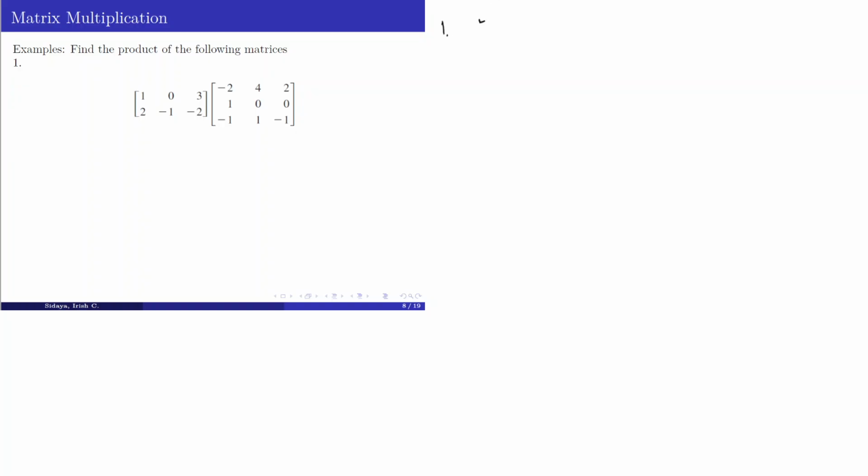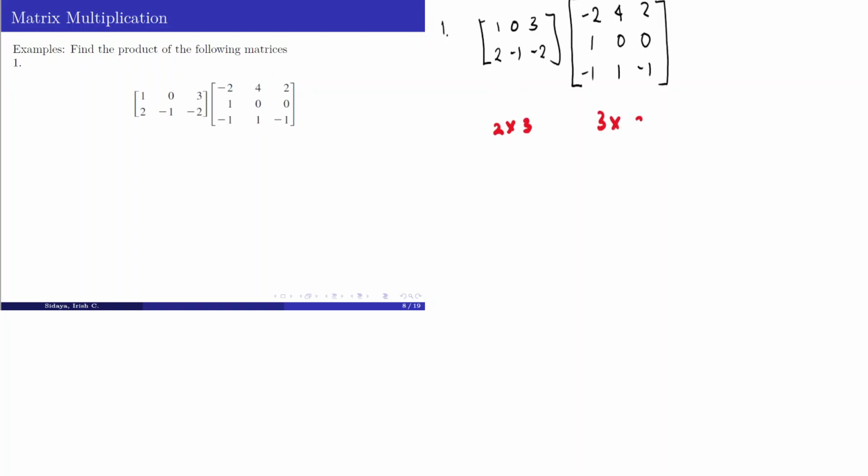So we multiply the matrices [1, 0, 3; 2, -1, -2] multiplied by [-2, 4, 2; 1, 0, 0; -1, 1, -1]. Okay, so again, this is a 2 by 3 matrix multiplied by a 3 by 3 matrix.